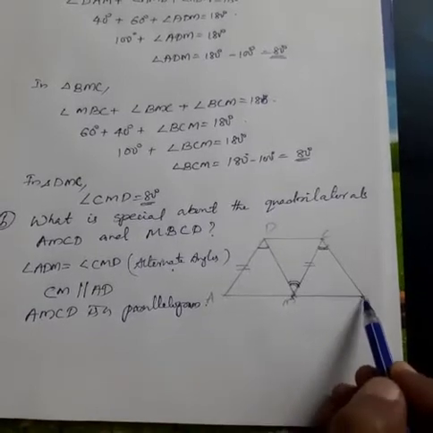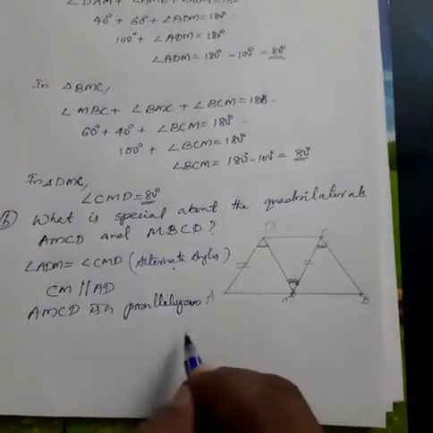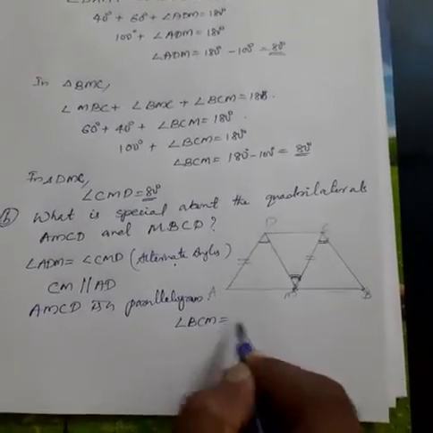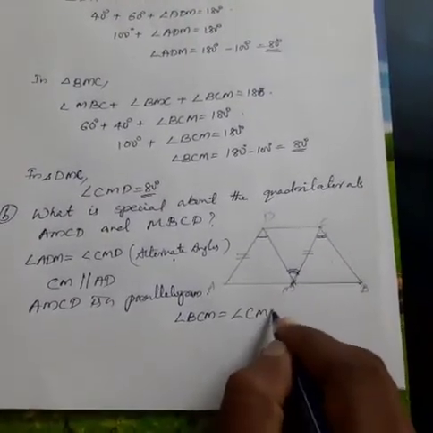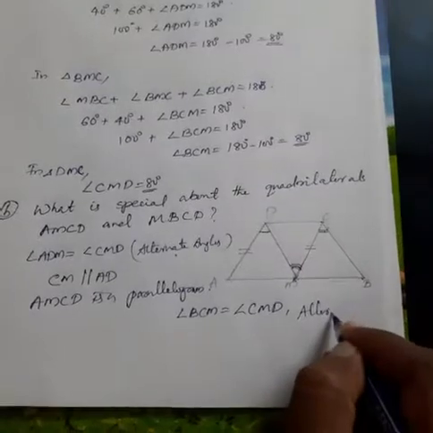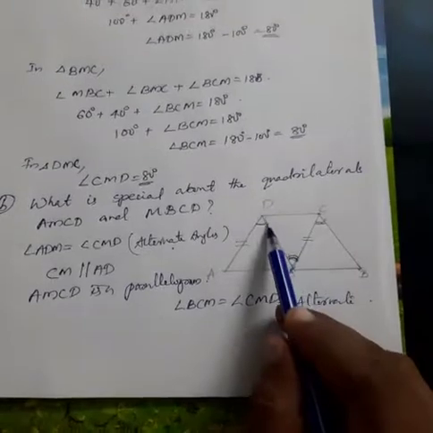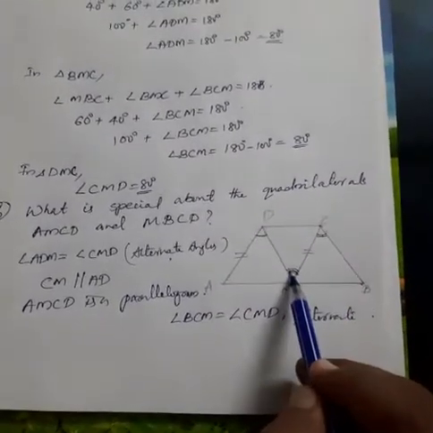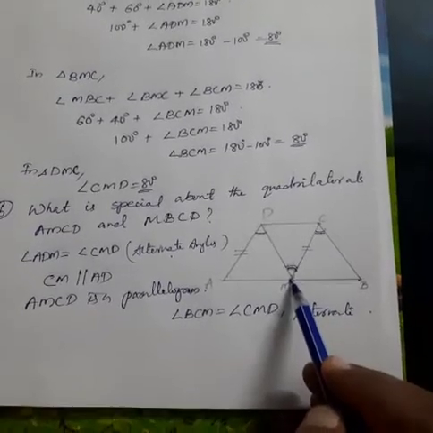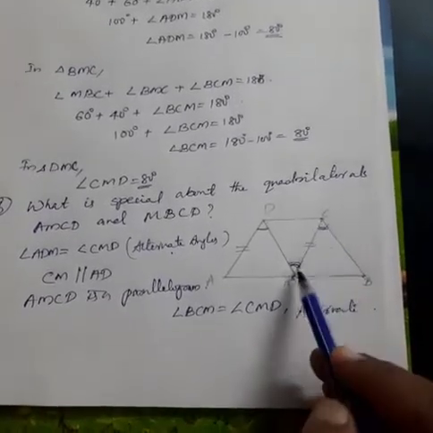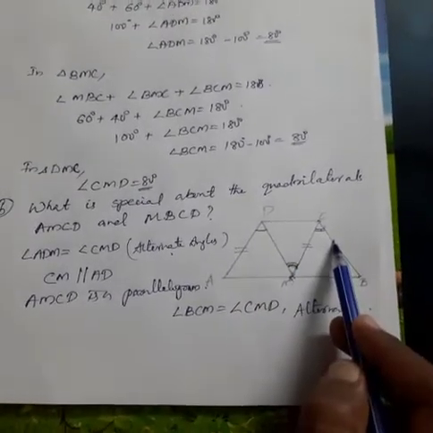Next, angle BCM. These two are alternate angles. So angle BCM is equal to angle CMD. These are also alternate angles. So these two are the angles made by the line CM meeting the pair BC and DM. So these two lines are also parallel.